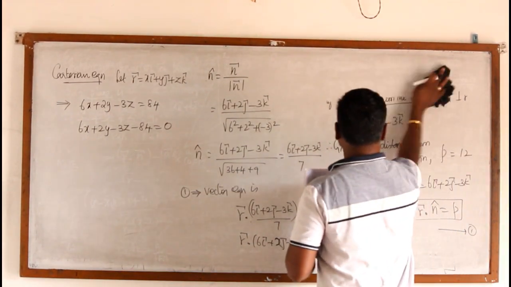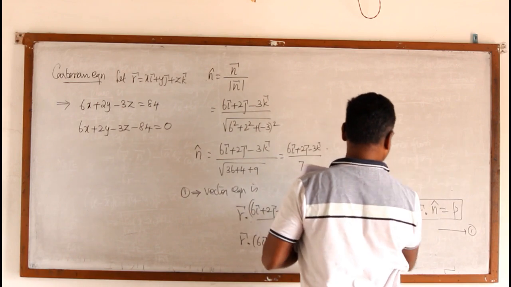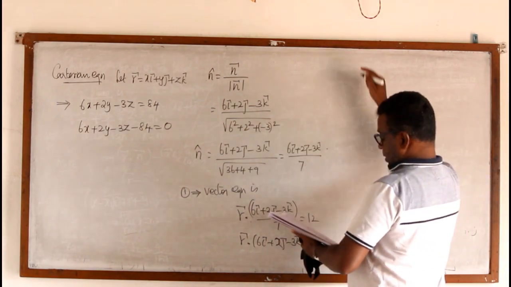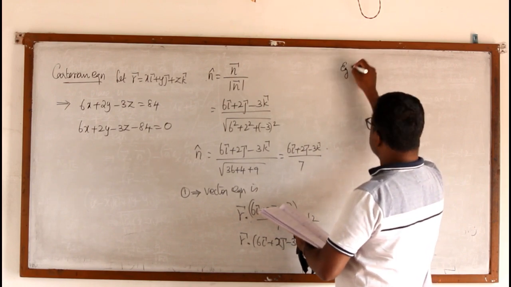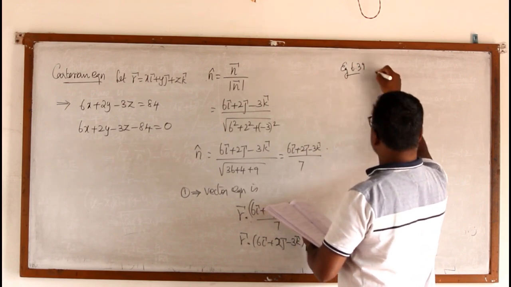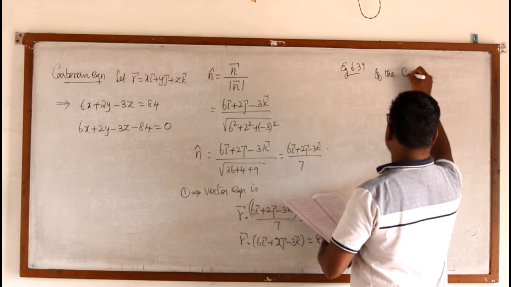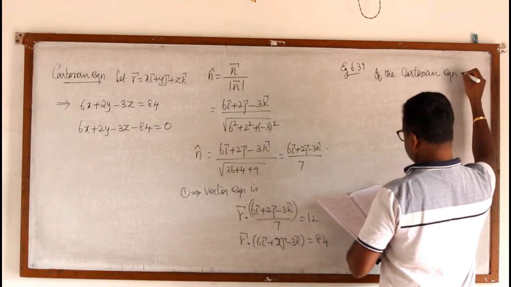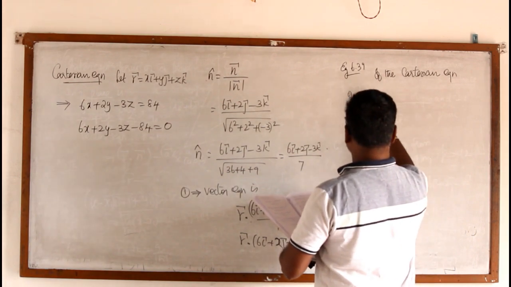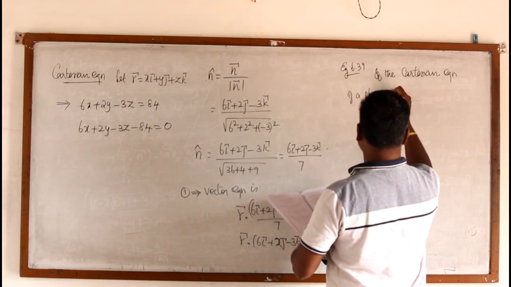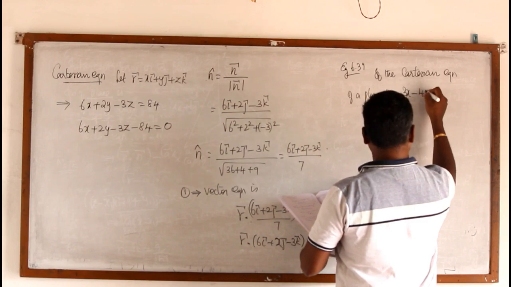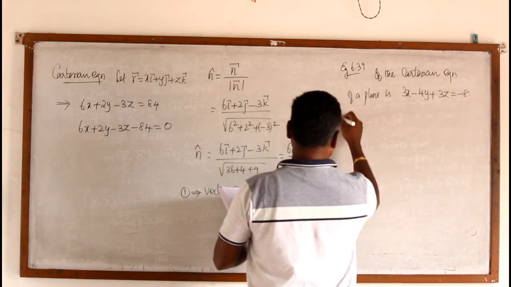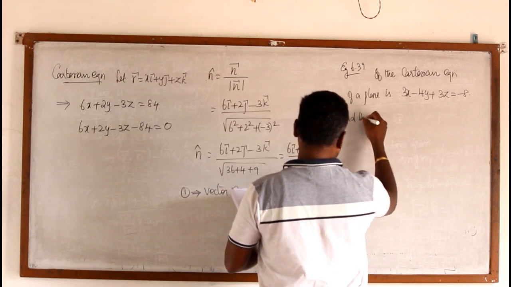Now example 6.39. If the Cartesian equation of a plane is 3x minus 4y plus 3z equal to minus 8, find the vector equation.